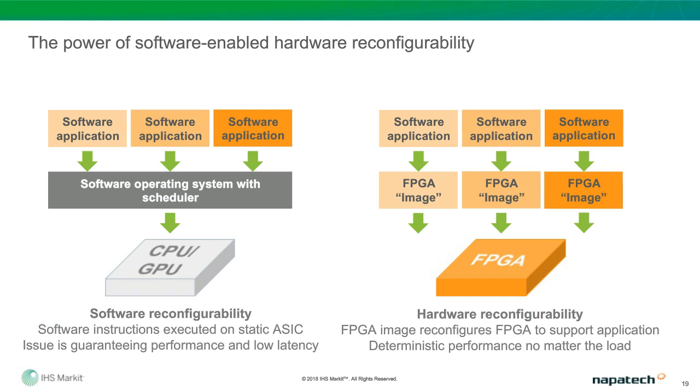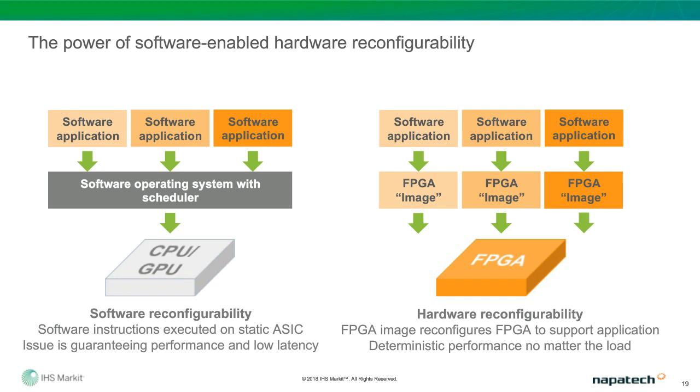The reason FPGAs are very exciting for a lot of people who are working with them is that, as Vlad mentioned earlier, it's basically some logical blocks that can be combined. And that combination is defined using a software file called an FPGA image. By using this FPGA image file, you can define exactly the data path that you want your packets to take as they go through the FPGA. So you can tailor the data path exactly to your needs.